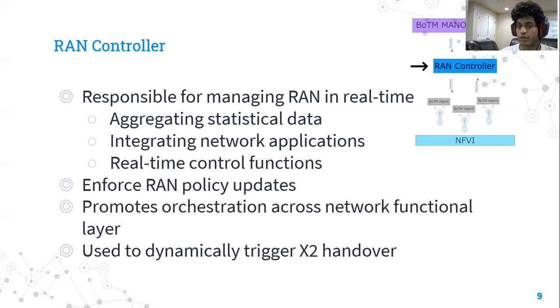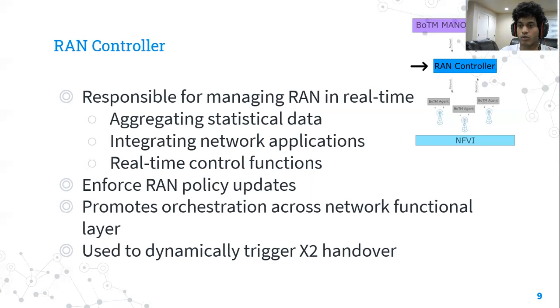In addition, the RAN controller is also able to house these sort of network functions. For example, you could deploy a load balancing application at the RAN controller to minimize the load across base stations at the RAN. And mainly this RAN controller is responsible for enforcing these RAN policy updates, again, like max scheduling or things of that nature.